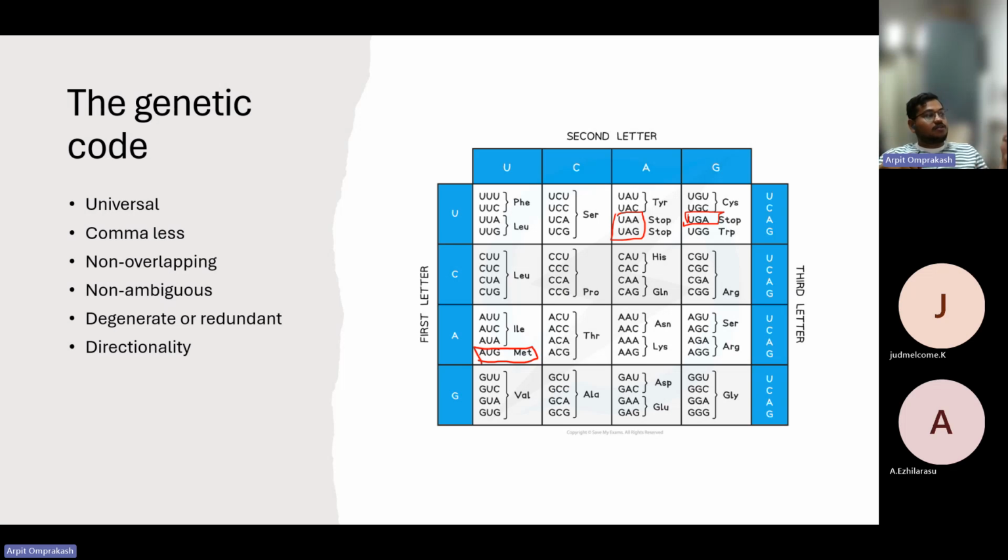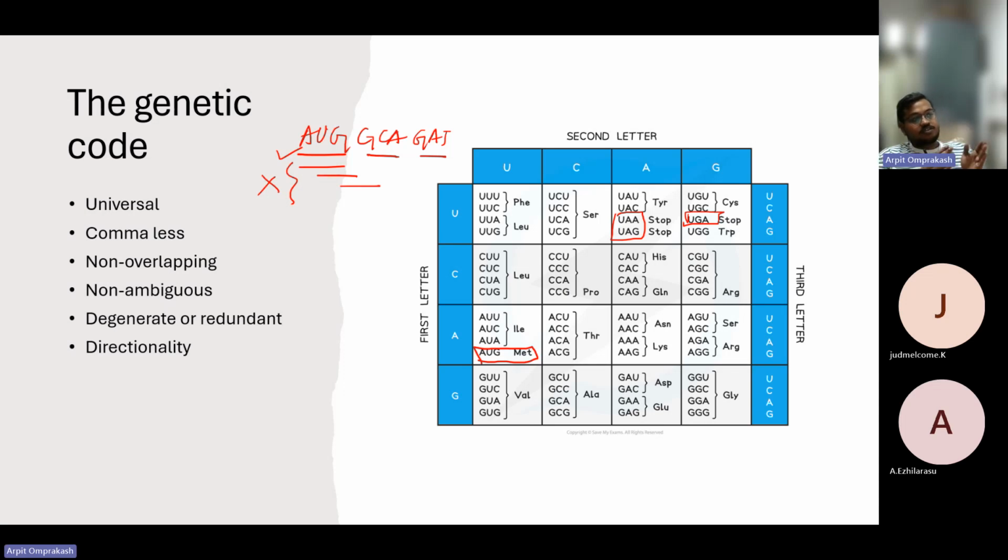Right. The third thing is non-overlapping. So if you have something like this, this will be one codon, this will be the second, this will be the third. You can't have this, this, this. So this is not possible. This is correct. It's not overlapping. It's non-ambiguous.